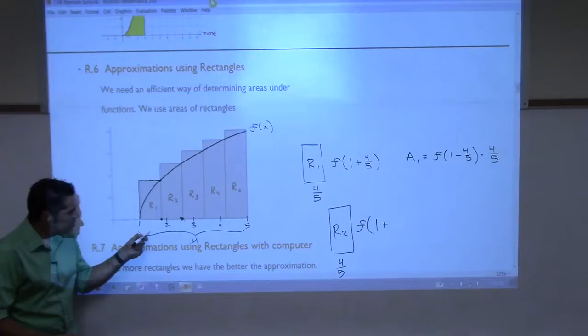So imagine I'm filling this thing up with rectangles, and all the little gaps I'm trying to fill in with rectangles, and I'm measuring all of them, creating all these areas that I can calculate, right?